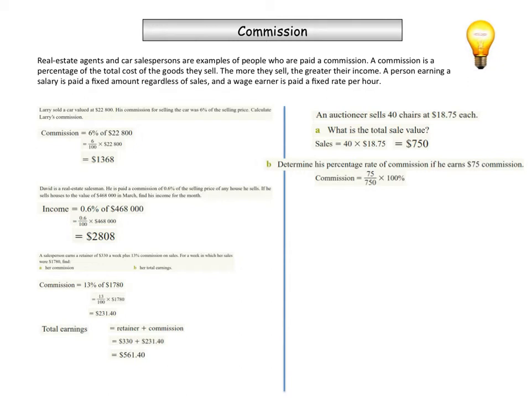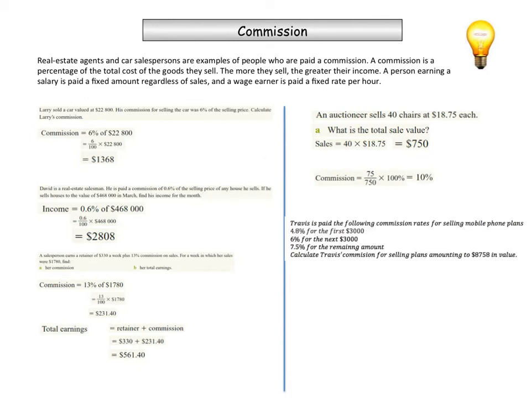Well, remember that to find a percentage, what we need to do is we find the amount divided by the original amount. So he got $75. The sale value was $750. So we do 75 divided by 750 and then times it by 100. And that gives us 10%.